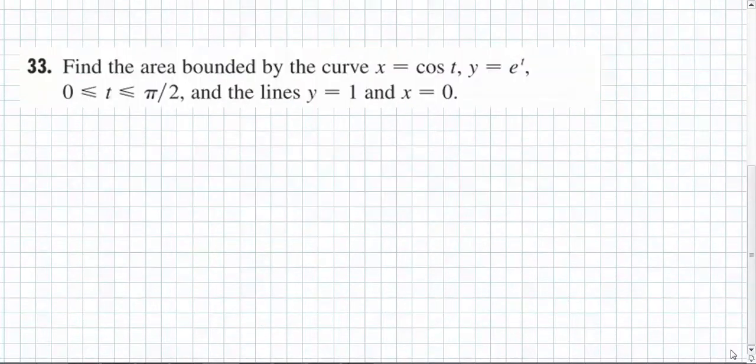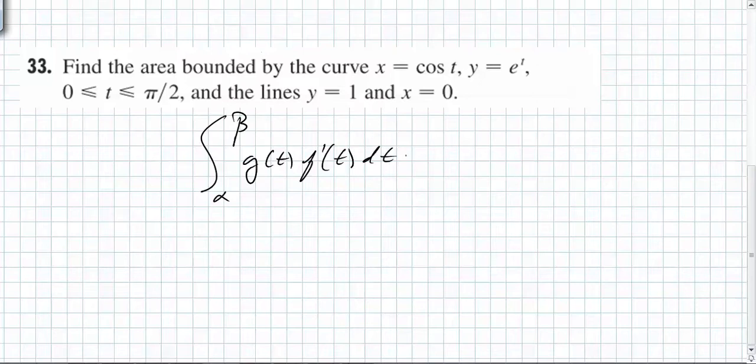We need to remember, what was that formula we had for the integral? We're going to go from alpha to beta of g of t, which is that y function, times f prime of t dt. So in this case, g of t is going to be e to the t, and f prime of t is going to be secant of sine t.